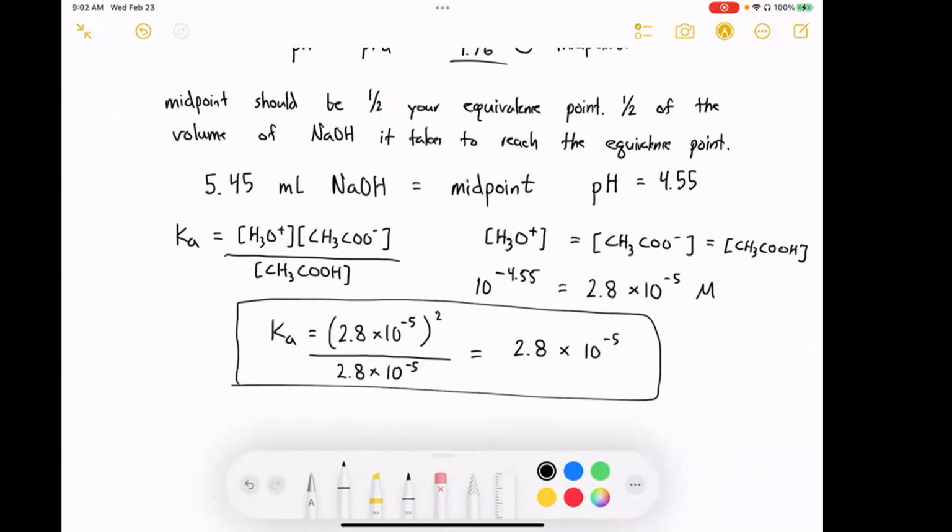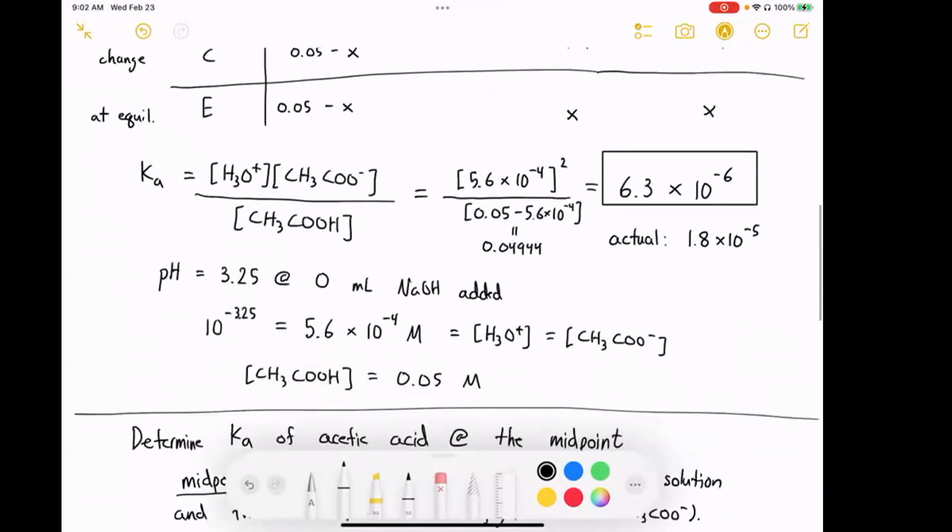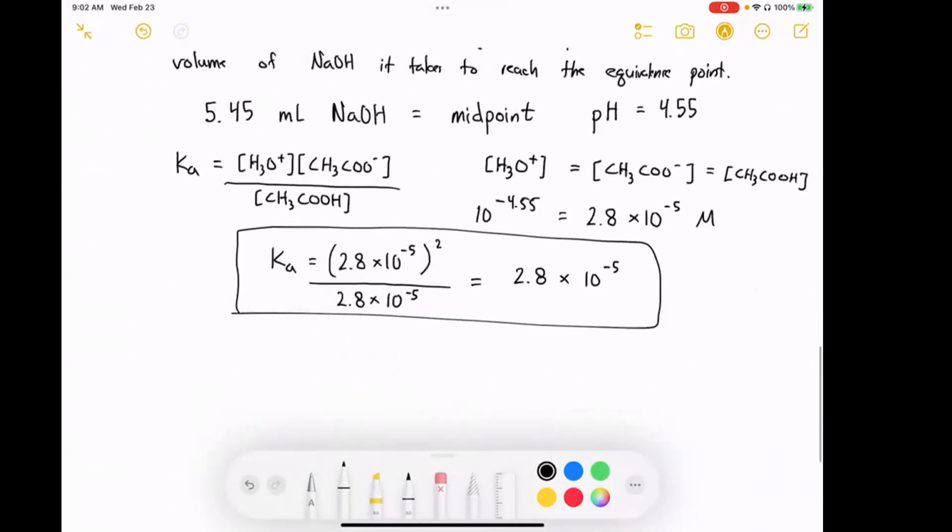But see here, we don't need to use our ICE table, because we know at the pH at the midpoint, the acid concentration is going to equal the amount of conjugate base there, and the amount of H3O+ that was reduced is equal to the amount of conjugate base produced.